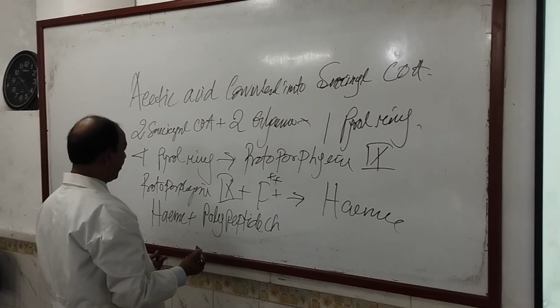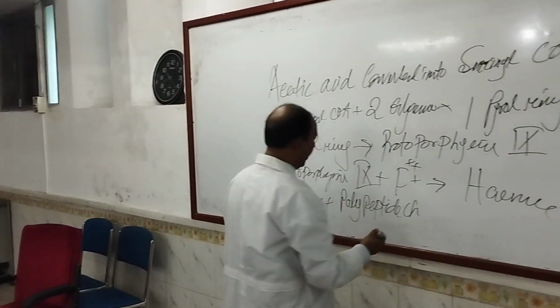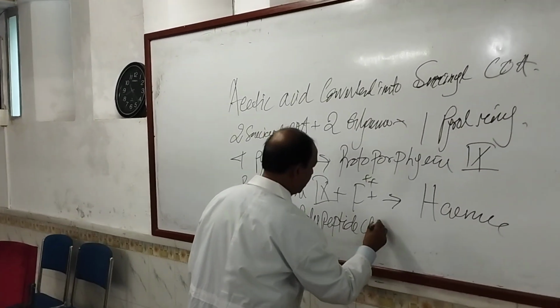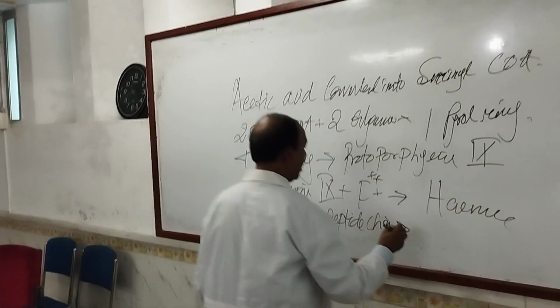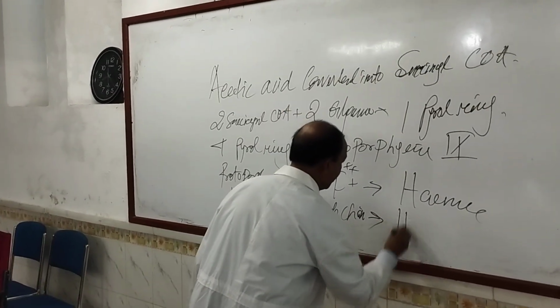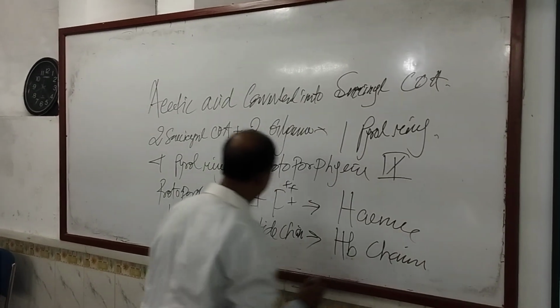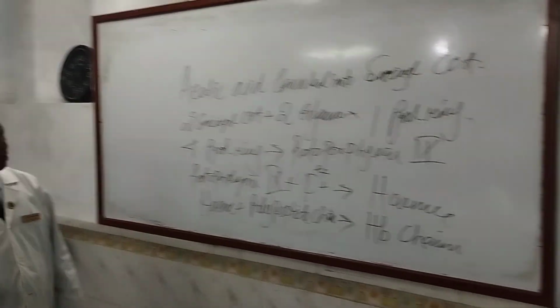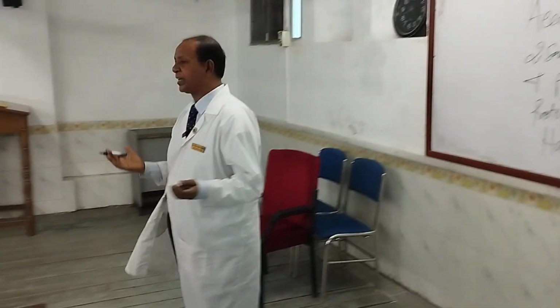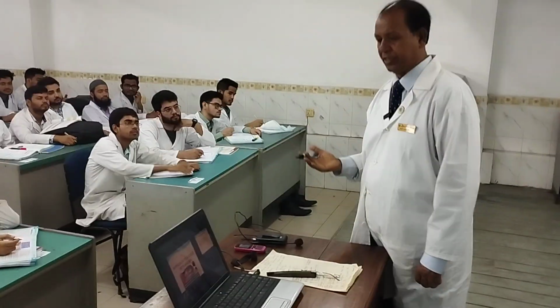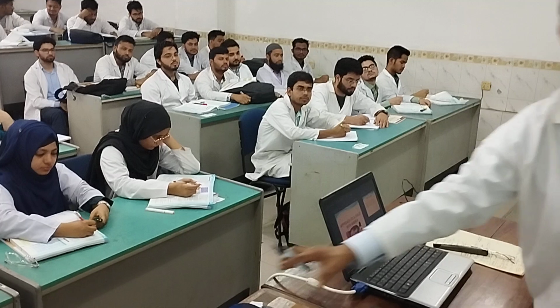Therefore, polypeptide chain, then produces hemoglobin chain. There are several types of hemoglobin chain: alpha chain, beta chain, gamma chain, delta chain. You should remember this one.